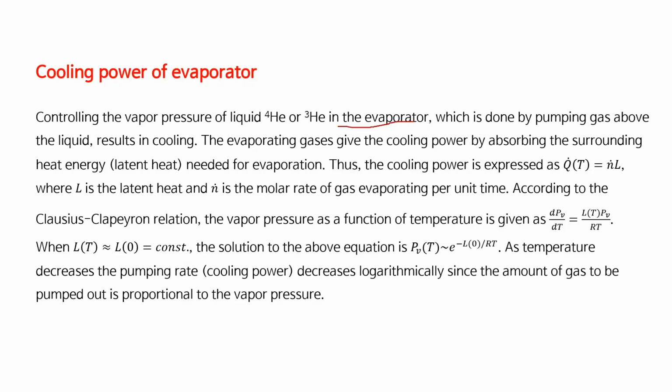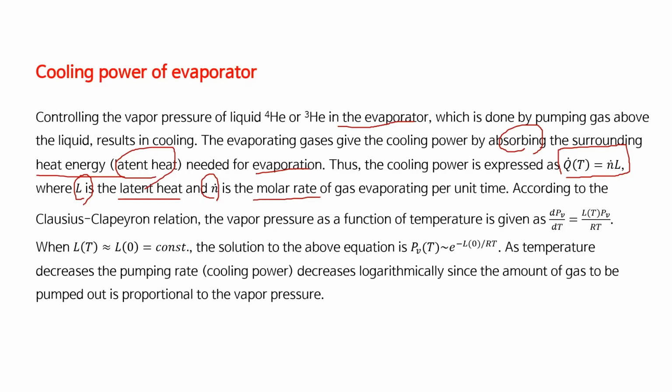The evaporating gases give the cooling power by absorbing the surrounding heat energy, the latent heat, needed for evaporation. Thus, the cooling power is expressed as this equation. Here, L is the latent heat and N dot is the molar rate of gas evaporating per unit time.